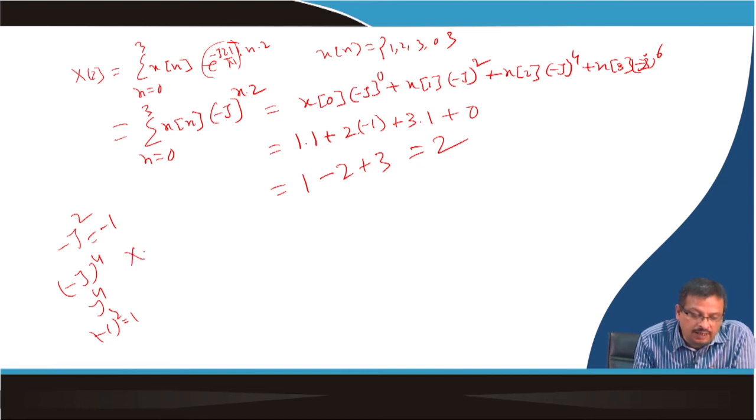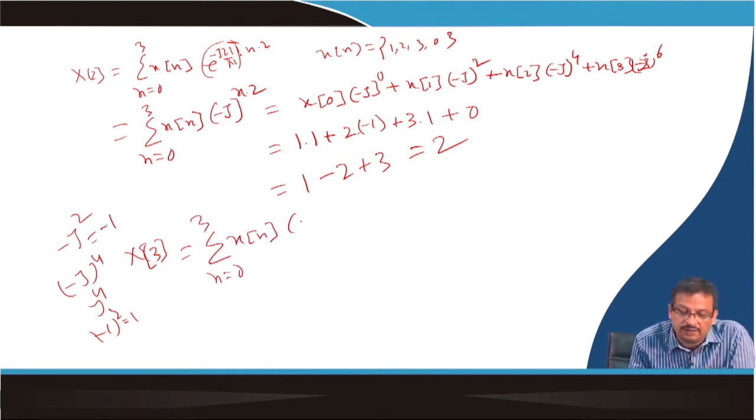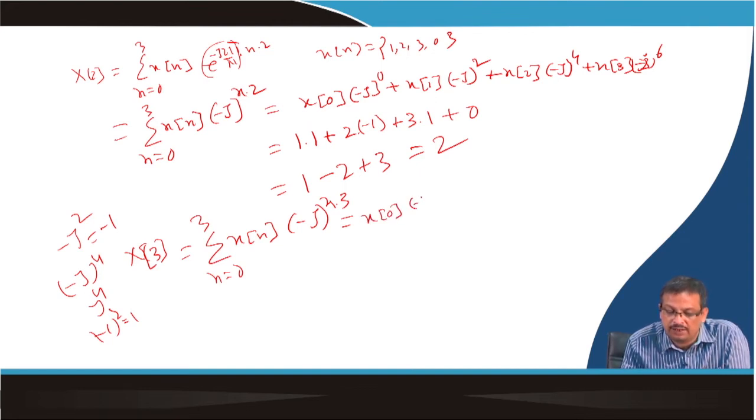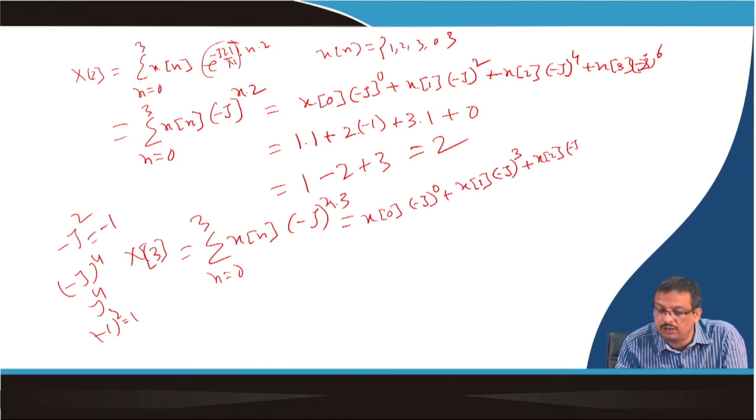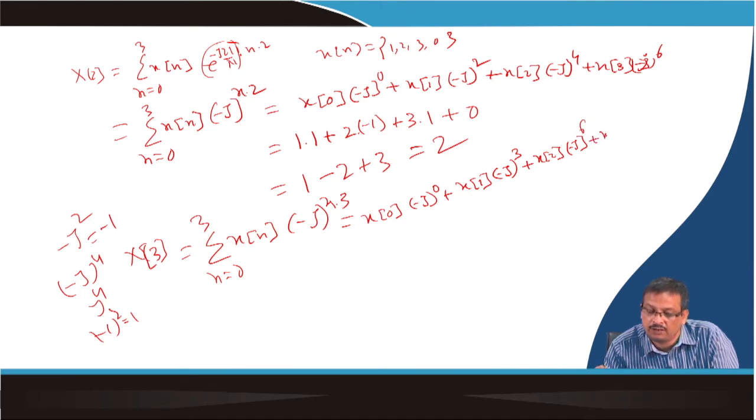Now similarly, x of 3 is equal to the sum over n equal to 0 to 3 of x of n into minus j to the power n into 3, which is x of 0 into minus j to the power 0, plus x of 1 into minus j to the power 3, plus x of 2 into minus j to the power 3 into 2, that is 6, plus x of 3 into minus j to the power 3 into 3, that is 9.